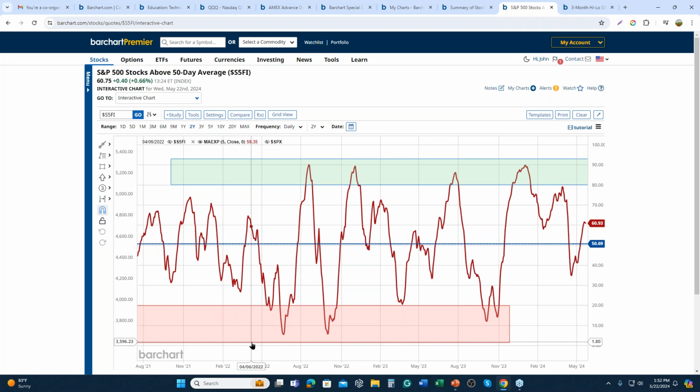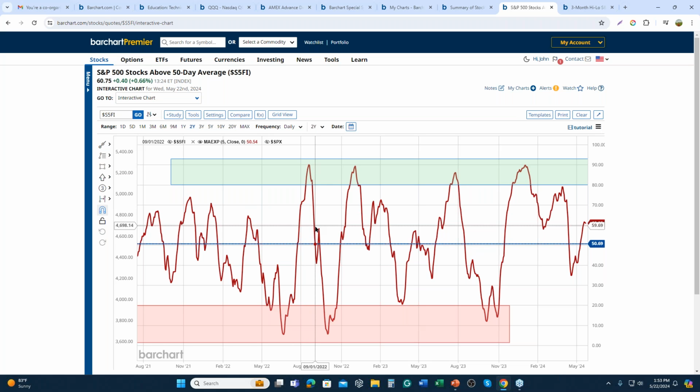So now there's kind of this rule that you can use: if we get into the overbought territory, similar to an RSI or a stochastic, when it falls out, there's something called the 80-60 rule, which basically says once it falls out of 80, it should fall to 60.